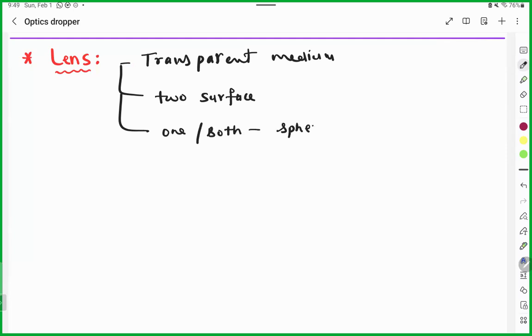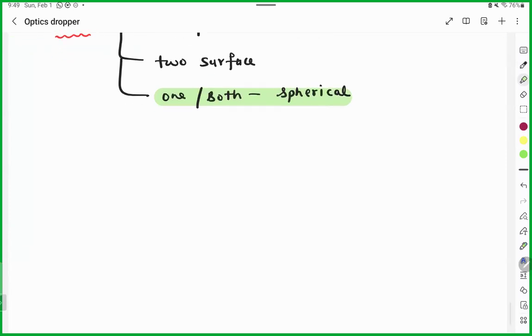This is the definition. Especially the last point is more important for your NEET exam if they give a theoretical question. For a lens, at least one of the surfaces should be spherical.